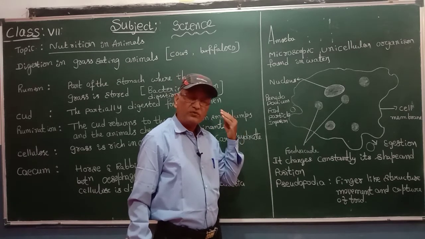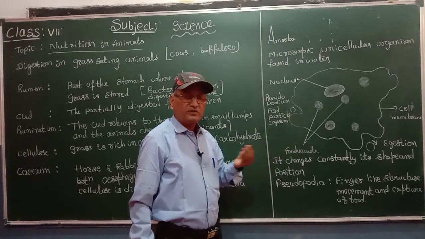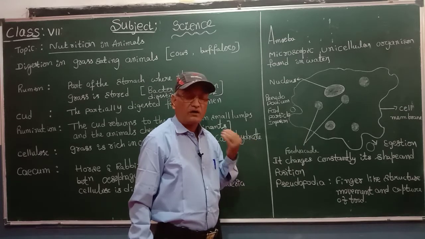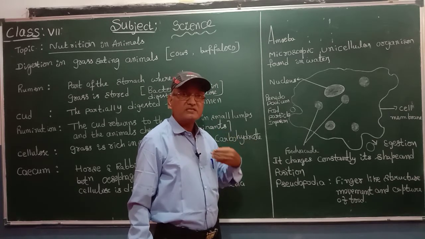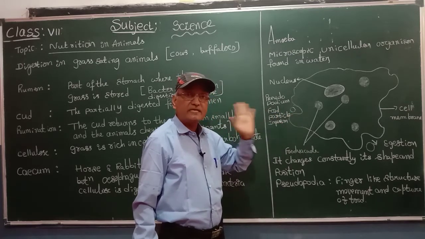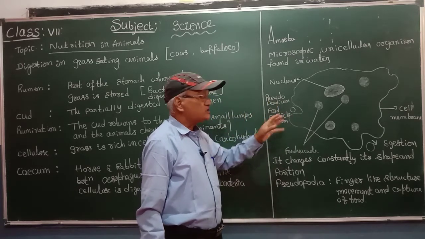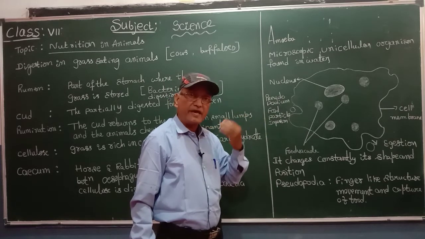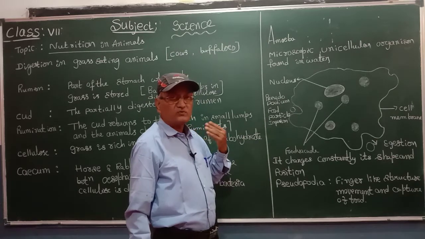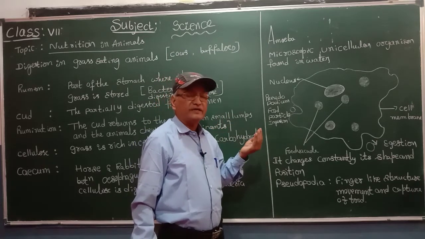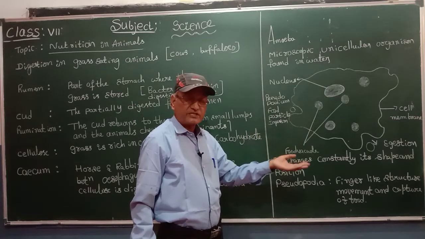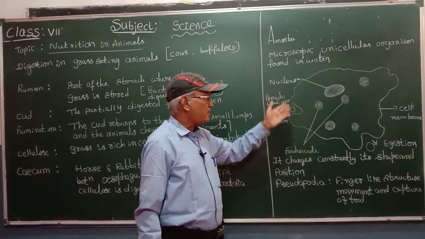Some are unicellular organisms, but we are multicellular organisms. Multi means many, uni means single-celled organism. They also feed, they also digest, they also excrete. As in the case of human beings: ingestion, digestion, then absorption, assimilation, then egestion. Same in the case of amoeba also.